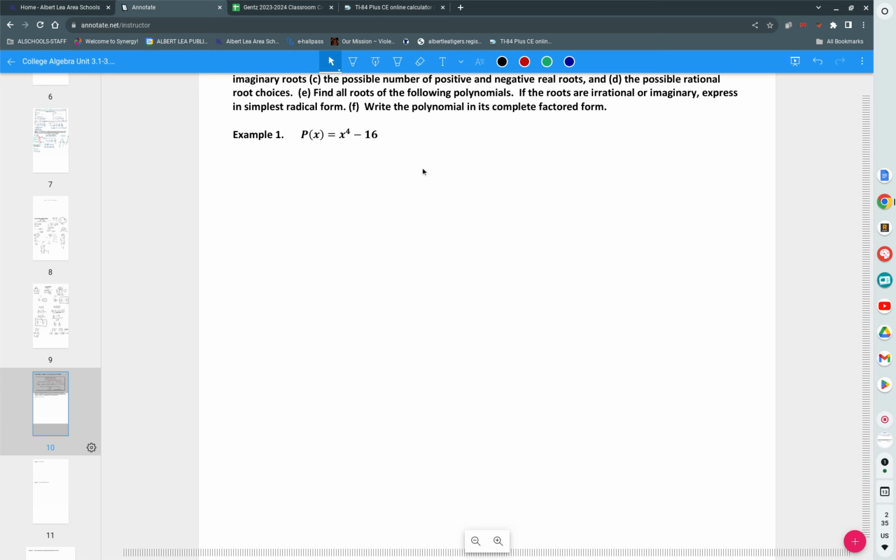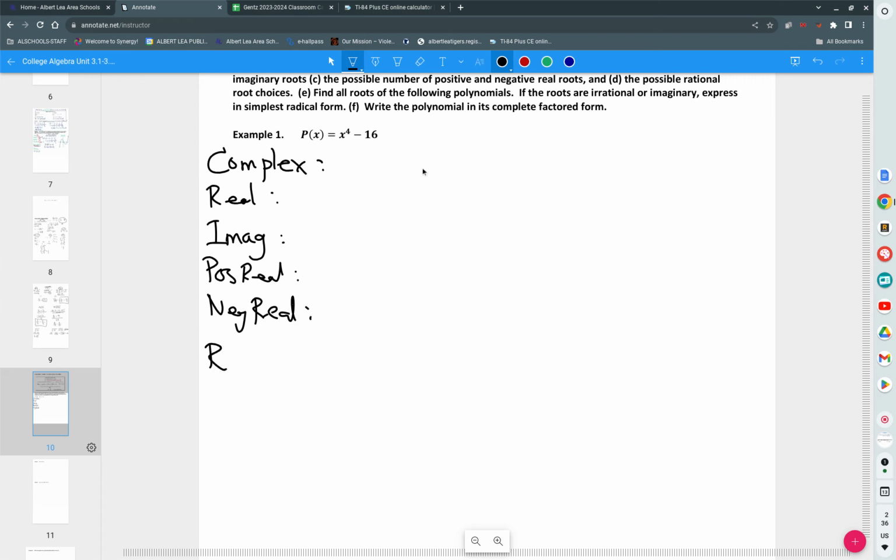Let's put it in practice. 3 problems today. You're going to start by identifying the total number of complex solutions. You are also going to identify the total number of real solutions, the number of imaginary solutions, the possible number of positive real solutions, the possible number of negative real solutions, and the possible rational root choices.